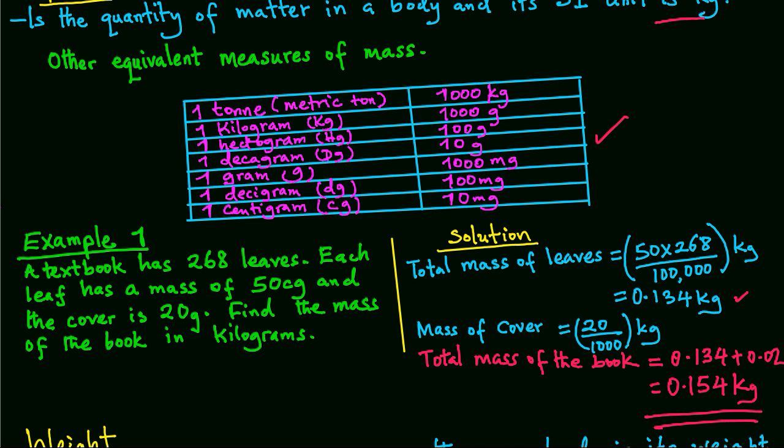Then the mass of the cover in kilograms will be 20 divided by 1,000. So that gives us a total mass of the book as 0.134 plus 0.02, and that is 0.154 kilograms.